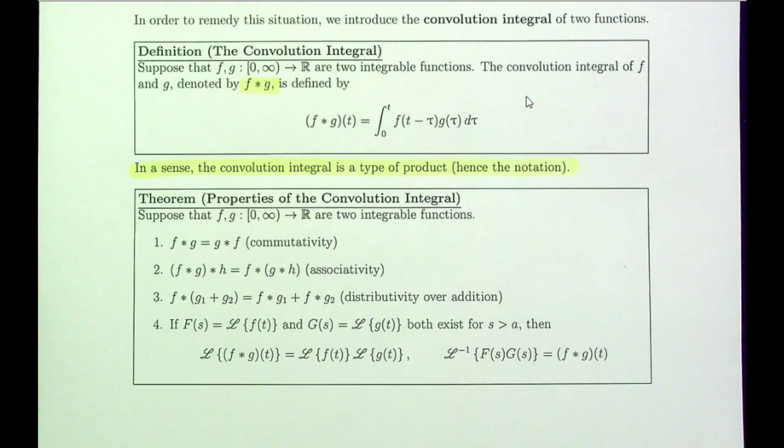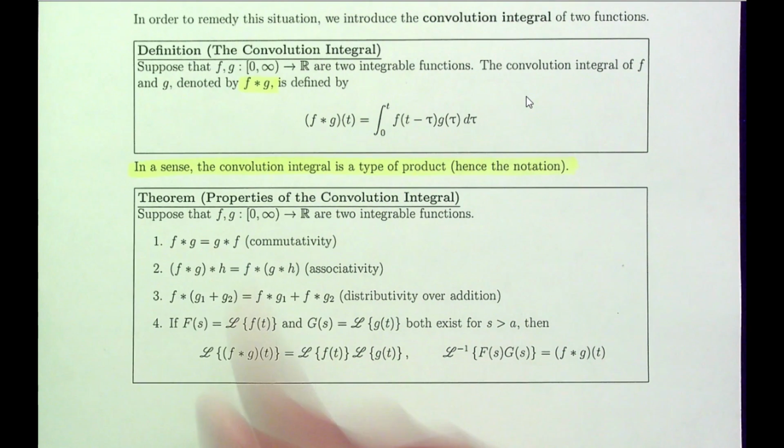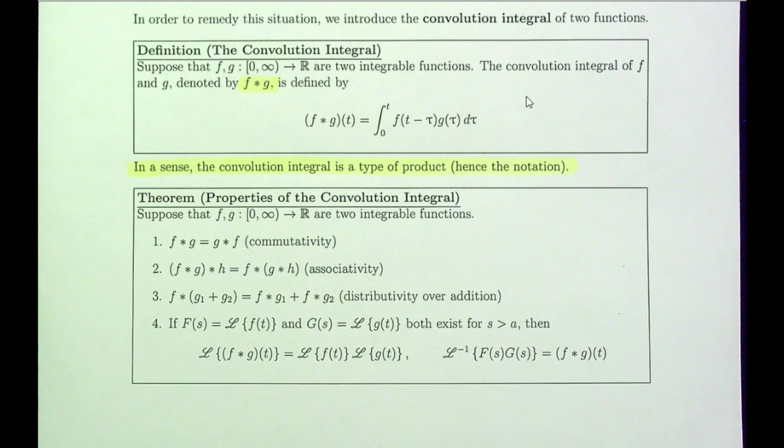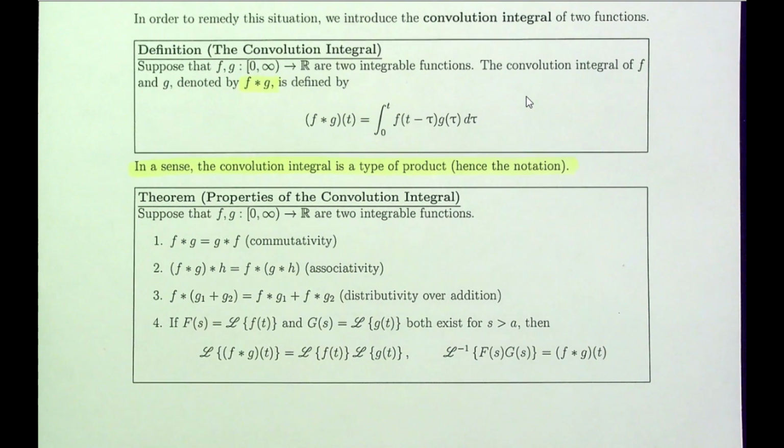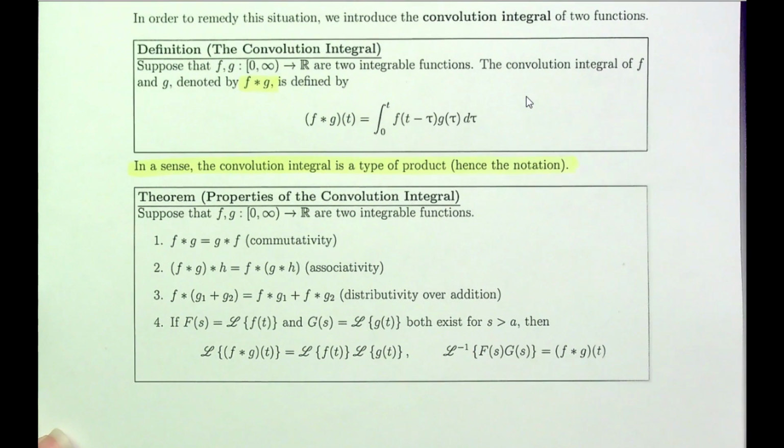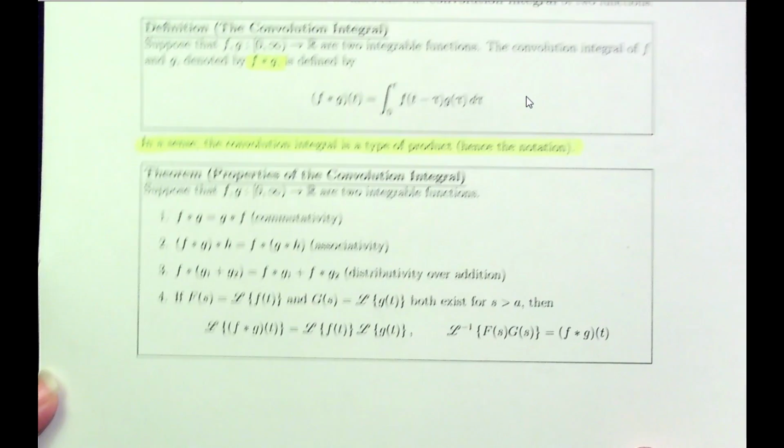I'm not going to prove them, but there's nothing really hard or mysterious about showing why they're true. The first one, for example, follows just by a u substitution, and the third one follows by using the linearity of the integral. They're very easy to figure out.